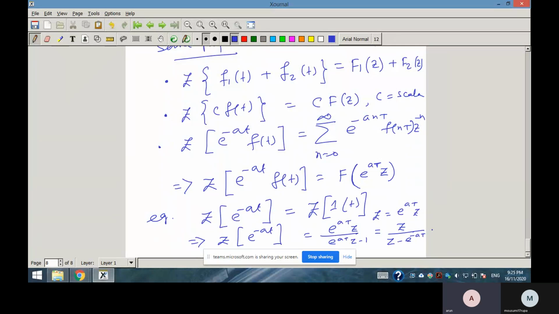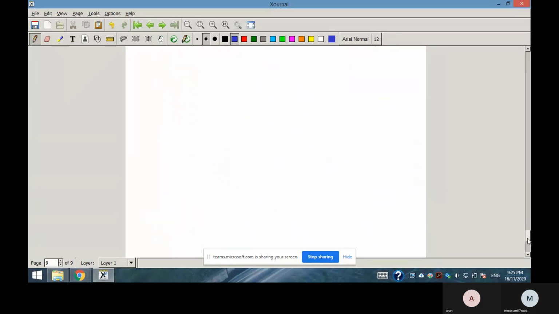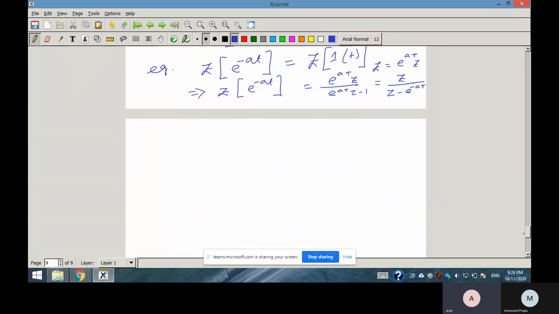Similarly, some other relations are also there. Suppose the Z transform of cos of beta t, the cosine function. You can easily derive it, I am not deriving it: z times z minus cos beta, over z square minus 2z cos beta plus 1.